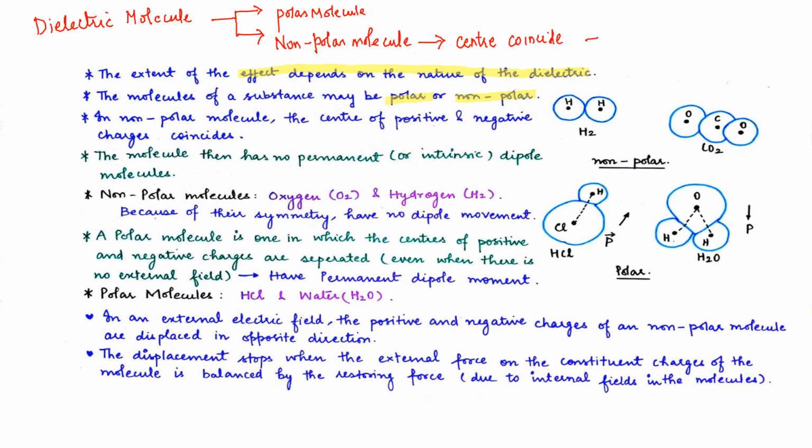Like this is a negative ion, its center is over here, and this is again, I'll make it with blue ink, a positive ion and its center also lies over here. So both positive and negative coincide. There is no segregation, there is no fighting between the positive and the negative.